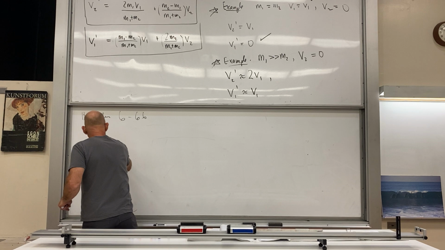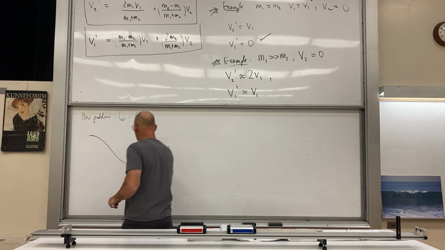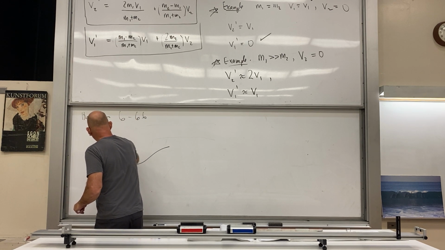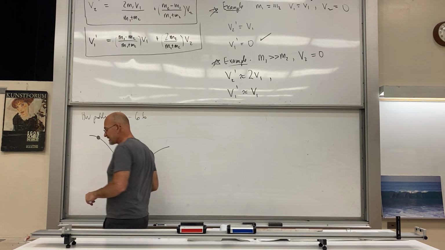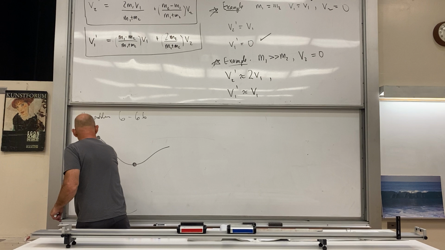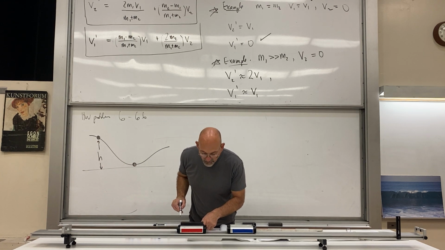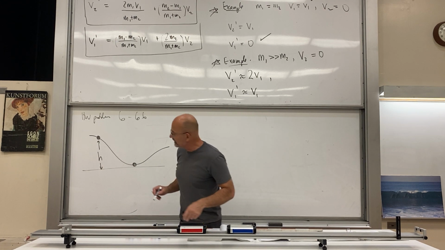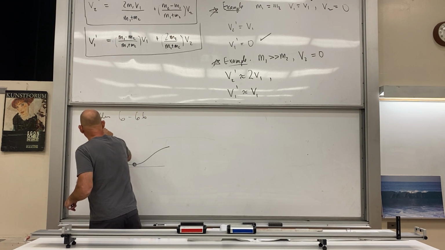You're going to have an elastic collision, and the idea is you've got a bead here and a bead down at the bottom, and you're definitely going to want to just solve this with letters before you do anything. They give us masses. I'm just going to say M1 and M2. Okay.